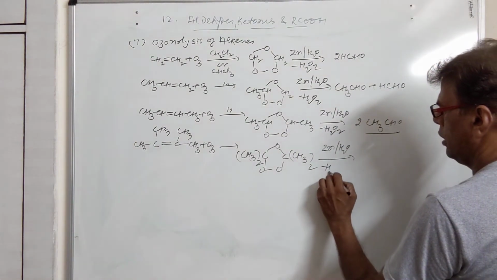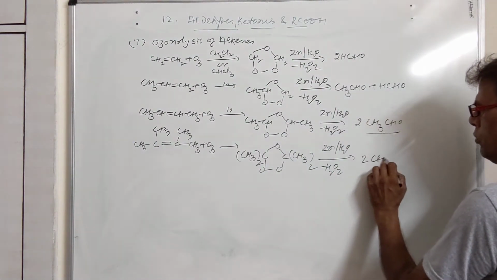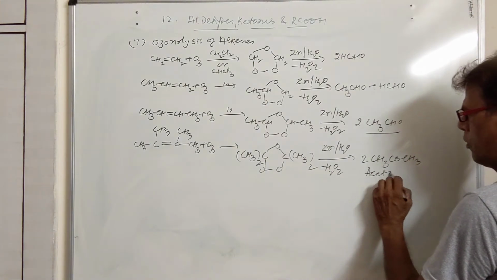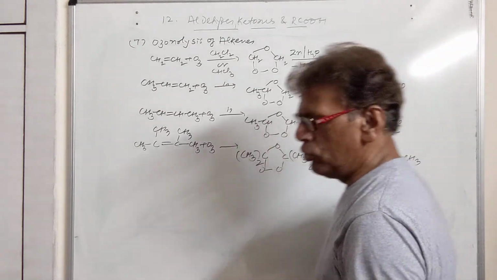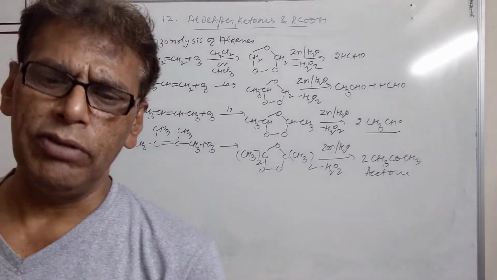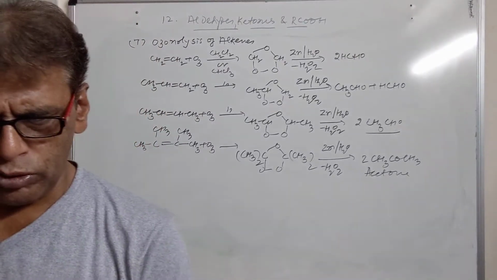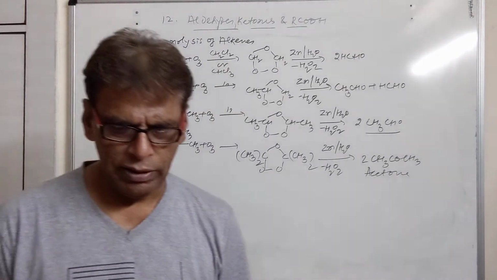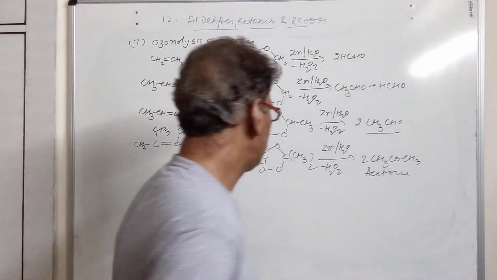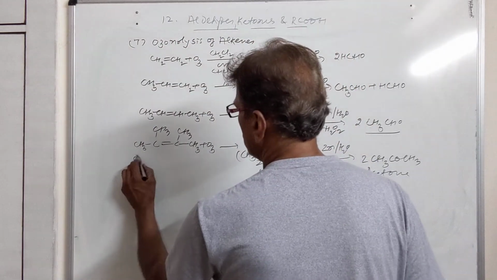You lose H2O2, and two molecules of acetone are produced. So the ozonolysis reaction can help us to get aldehydes as well as ketones, both compounds can be prepared by this method. Then we have the next method, that is Wacker process. It is a name reaction.